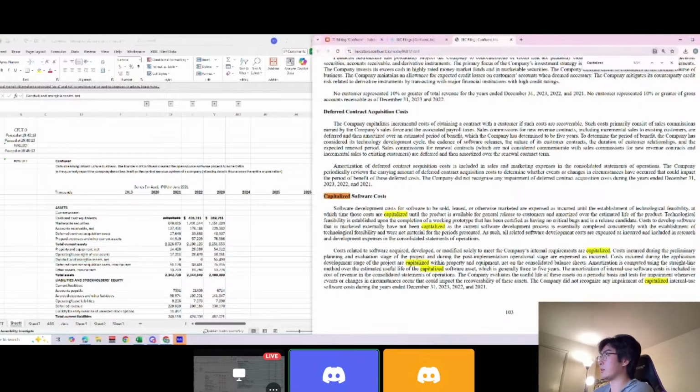Yeah, I don't know where they add it on the balance sheet then. Oh, okay. So costs incurred during the application development stage are capitalized within property and equipment, net on consolidated basis. Amortization is computed using the straight line method over the useful life. Okay.